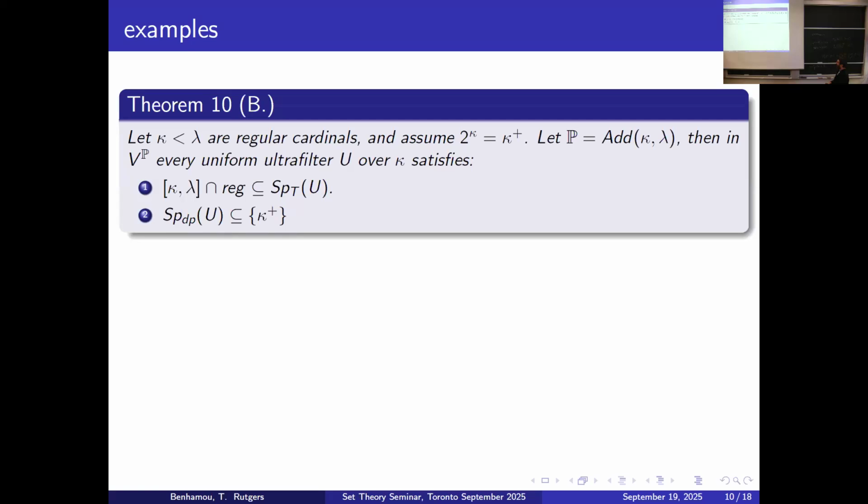For example, you will have P-points in this model because d equals c. For these you will have that κ⁺ is there, but you're not adding things above κ⁺ to the spectrum.